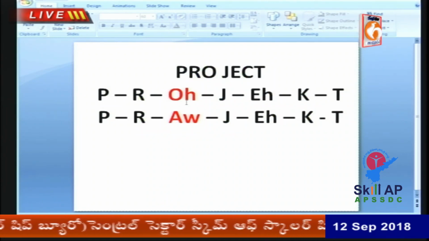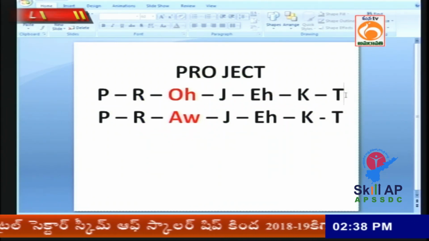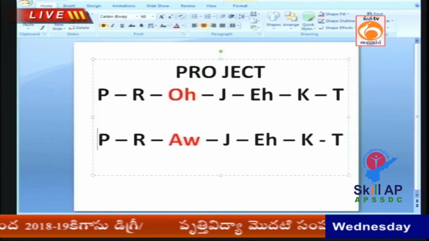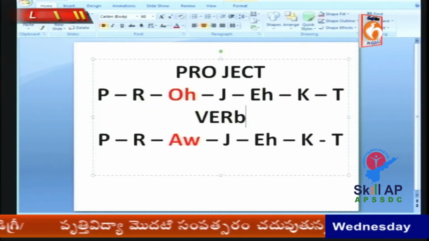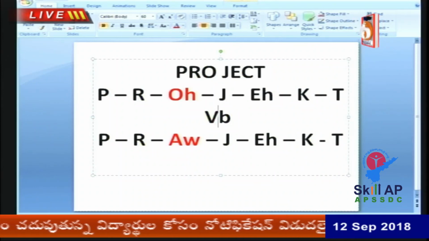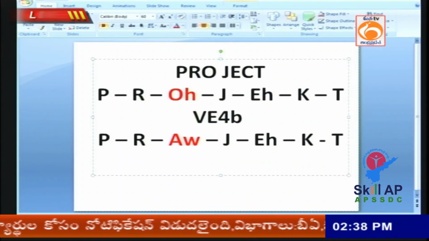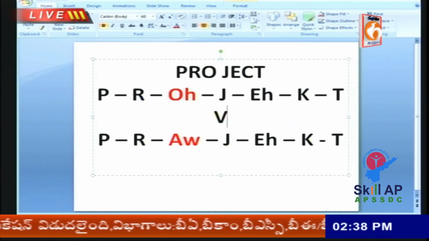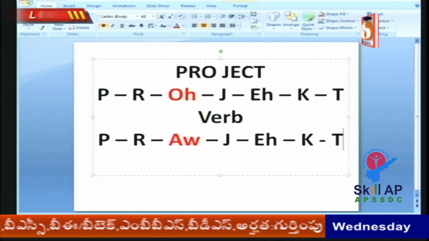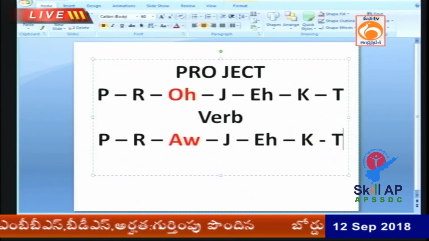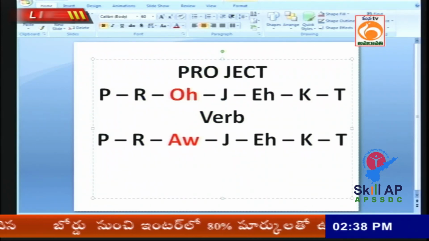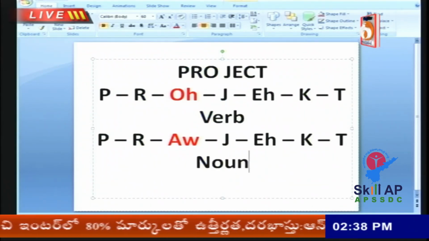Yes, there is a big difference. When I say project, I'm talking about a verb. Just a moment, the keyboard is kind of funny. For example, please project, or right now I'm projecting this slide on the computer. So that's project. When I say project, it's a noun.